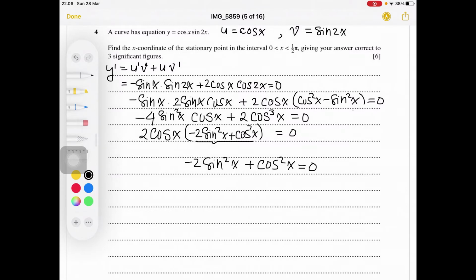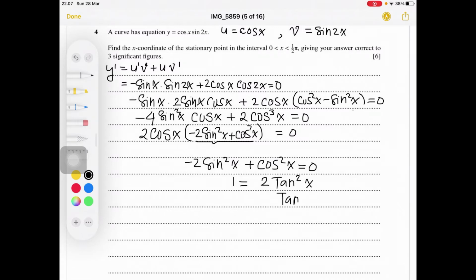It is easy to show that 1 is equal to 2 tan square x by dividing both sides with cos square x.